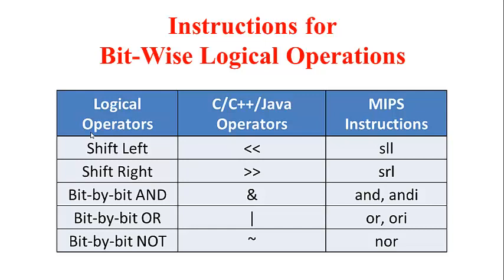There is a bitwise AND, both register operation as well as register immediate operation. Similarly, there is a bitwise OR, register operation being OR and register immediate operation being ORI. There is a bit by bit NOR operation also, using which you can achieve bit by bit NOT. So think of how you can achieve bit by bit NOT or bit by bit toggling using the NOR operation.